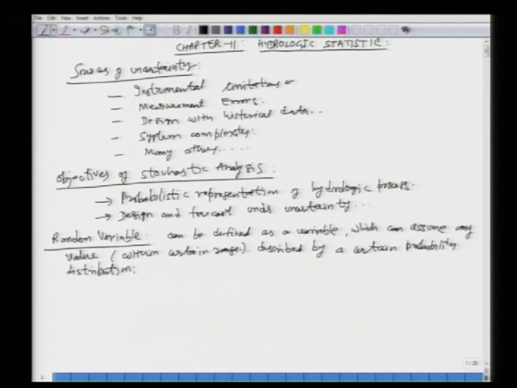What is it? It can be defined as a variable which can assume any value. It can take up any value. For example, let us say you have rainfall. Rainfall can take up any value tomorrow or next year depending upon the time frame. The minimum value is 0, the maximum theoretically is infinity, but the maximum can be 100 centimeters or something.